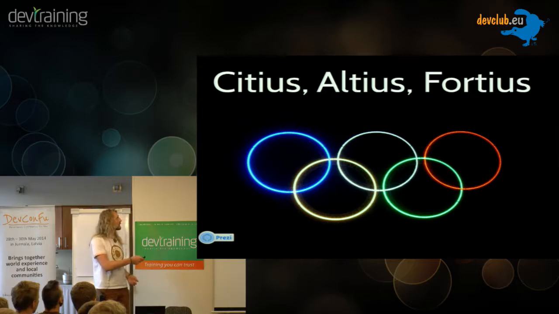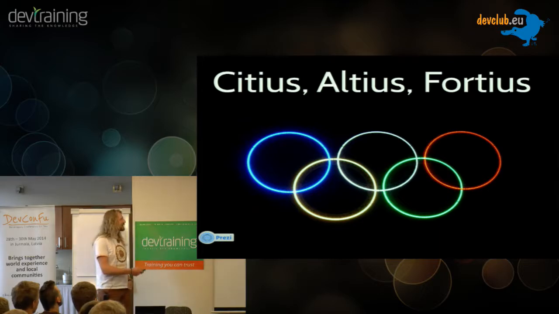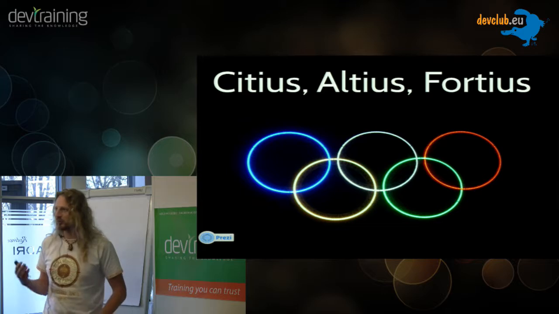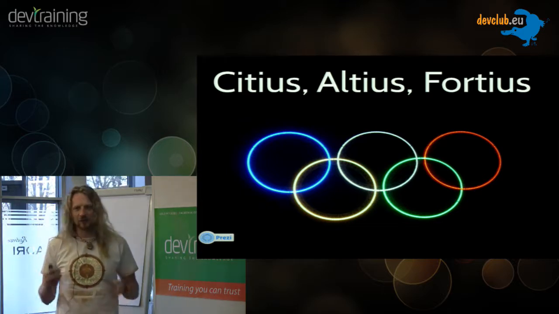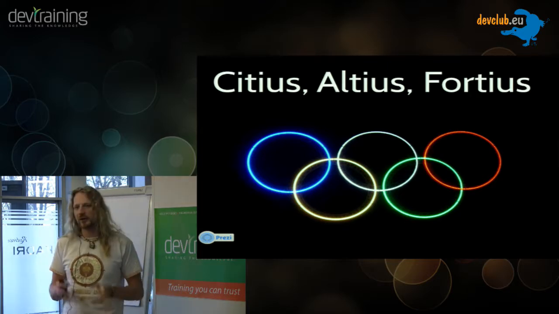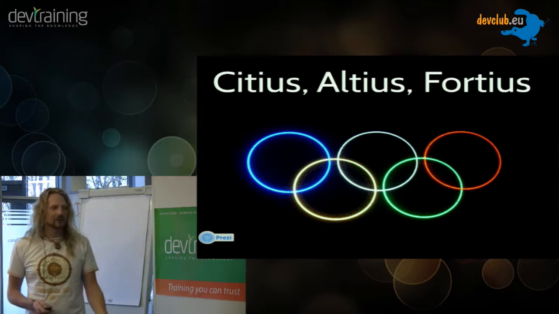The motto of the Olympic Games is Citius, Altius, Fortius, which means faster, higher, stronger. That's basically what people say when they think they should build only native mobile apps. And only native means that you write all your code, which is very specific to the concrete operating system you are writing for, like iPhone or Android.